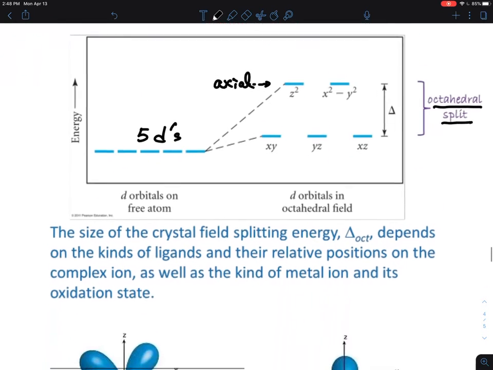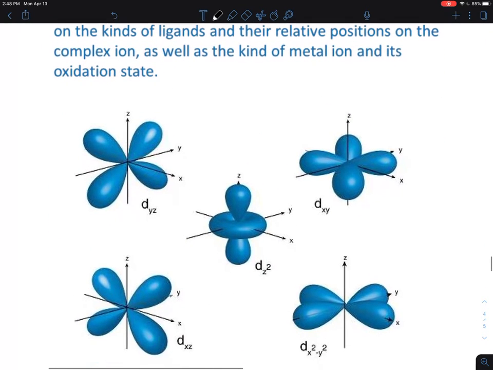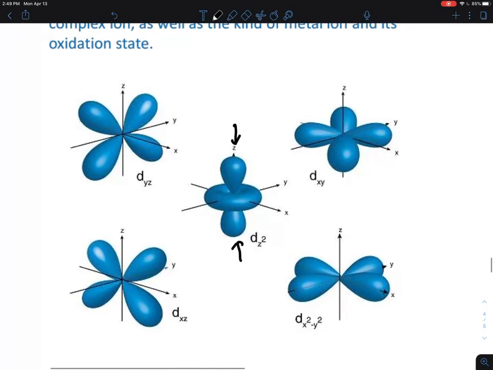Let me show the pictures of what the z orbital means. The z2 orbital is axial, and the x2 minus y2 is along the x-axis and the y-axis.